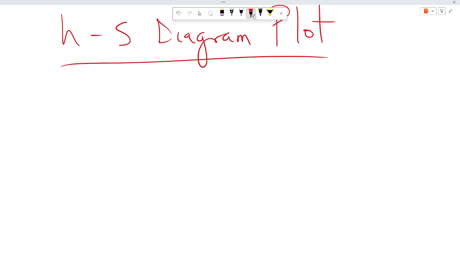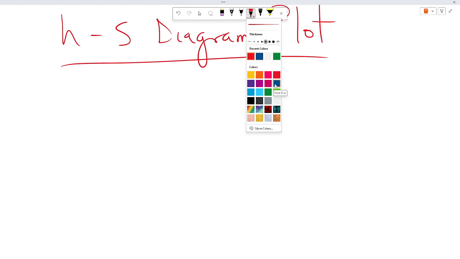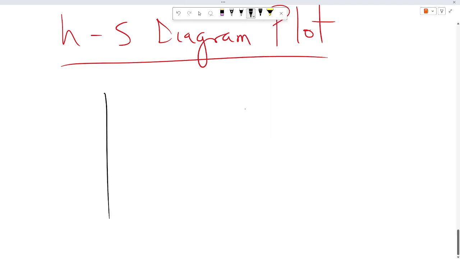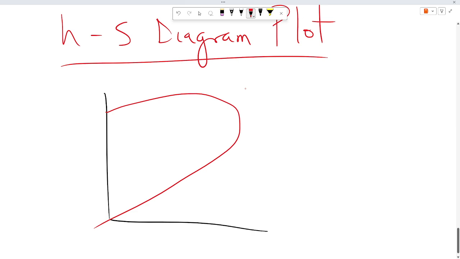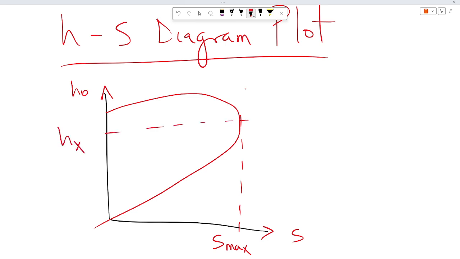It's going to go with the trend of such, whereby this is the H0, that is the stagnation enthalpy, and this is the entropy, and this will become S max, that is the maximum entropy, while this part becomes the critical state.